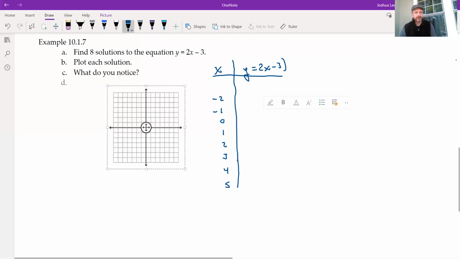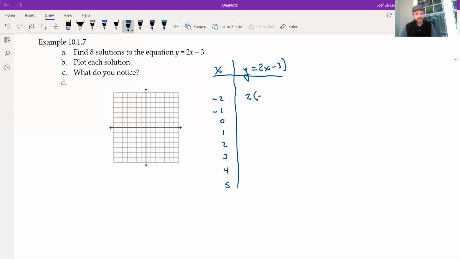And then what I'm going to do is just plug in to get my y coordinate. Let's take x equals -2, and then 2 times -2 minus 3.